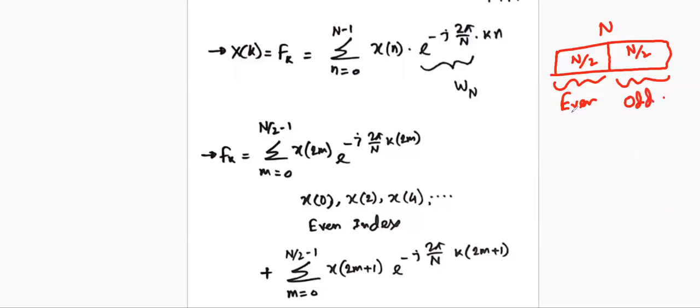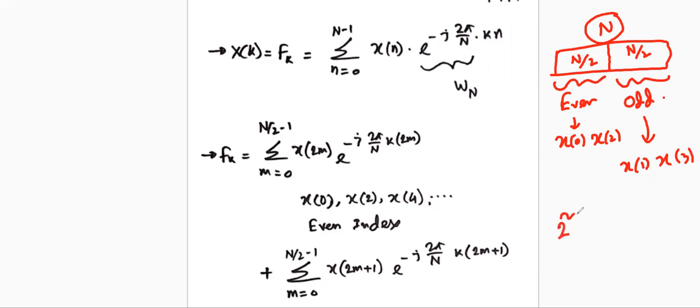For example, the even numbers means we have x0, x2, and so on. And in the odd numbers, we'll have, sorry, small x should be there, I'm talking about the input, x1, x3, and so on. You need to memorize that there is a binding on the value of capital N: it should be a power of 2.